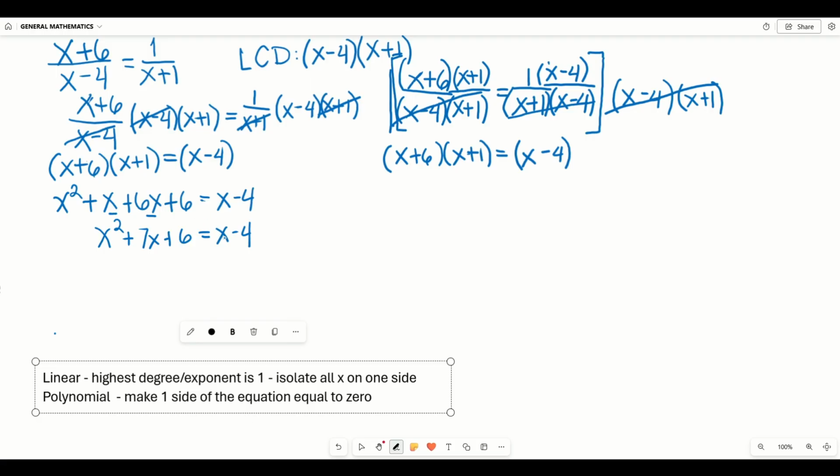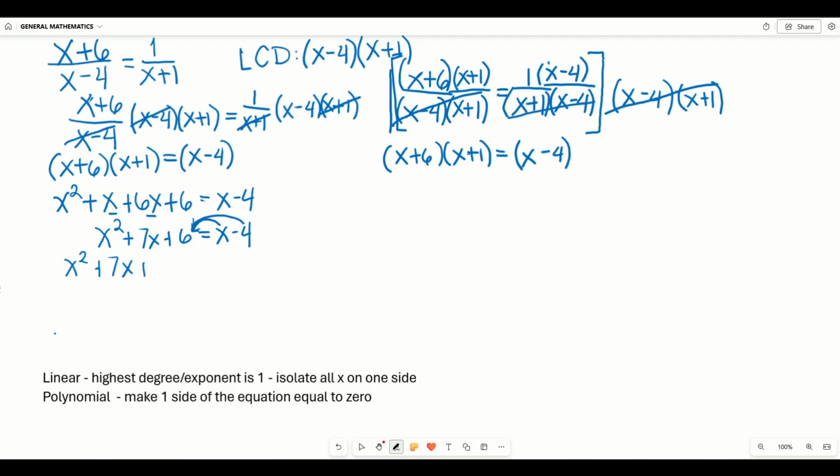So for this one, let's opt to transpose x to the other side and negative 4 to the other side of the equation. And by transposition, you need to reverse the sign. So here you'll have x squared plus 7x plus 6. X, lipat mo sa kapila, that will be negative x. And then negative 4 to the other side is positive 4, is equal to 0.